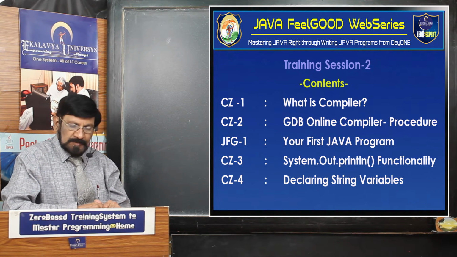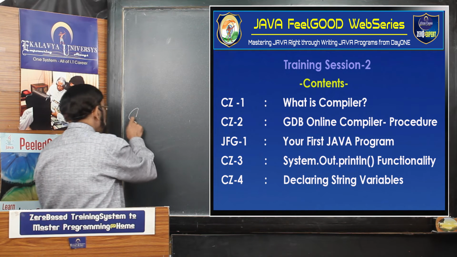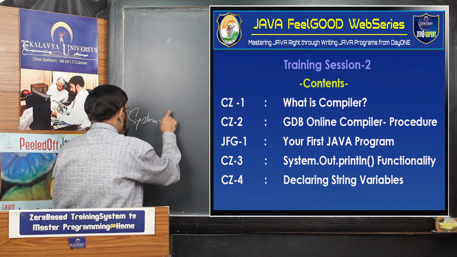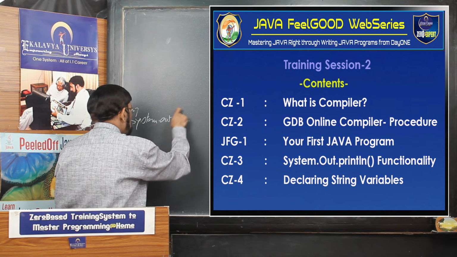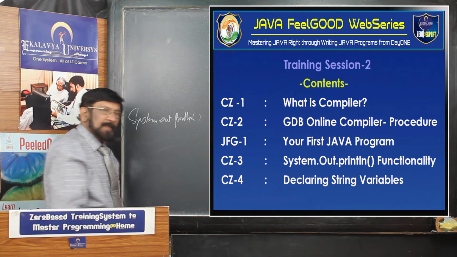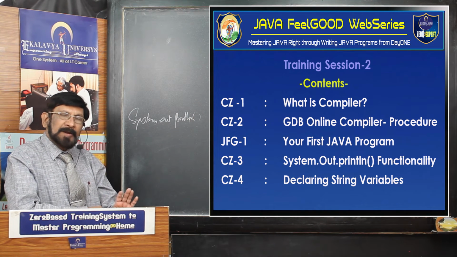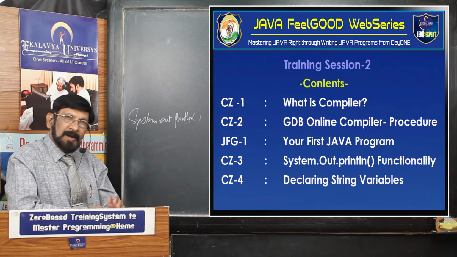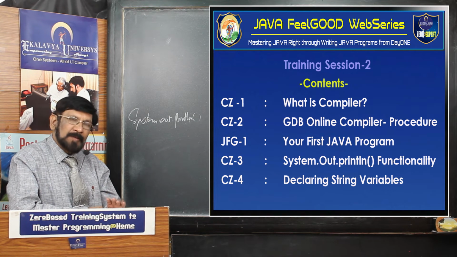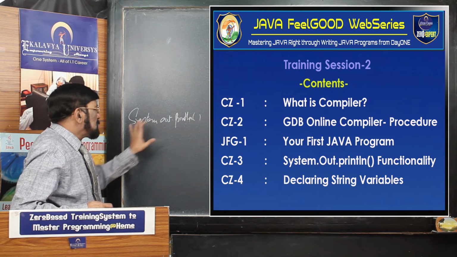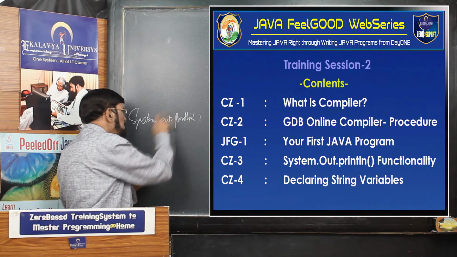Thereafter, SOP, System.out.println. This is a core function. This is like printf in C and print in Python. Those are very simple, but in Java, being an object oriented language, it has multiple words.